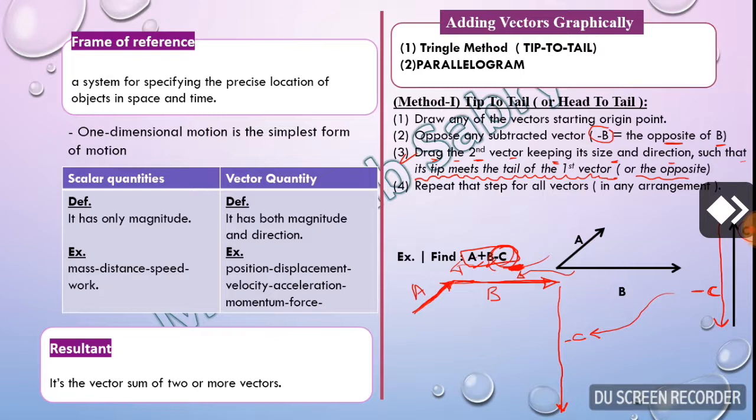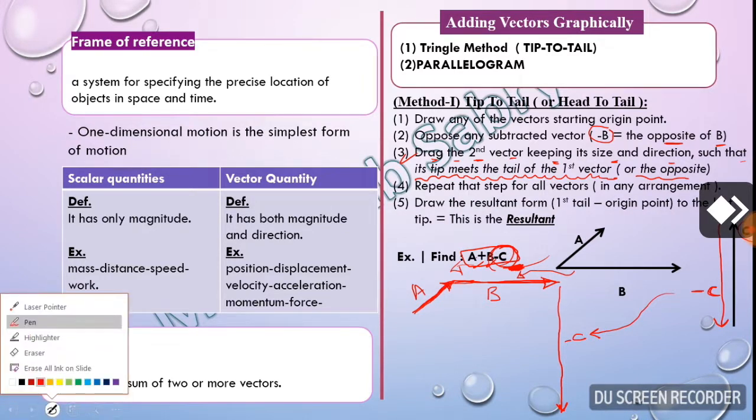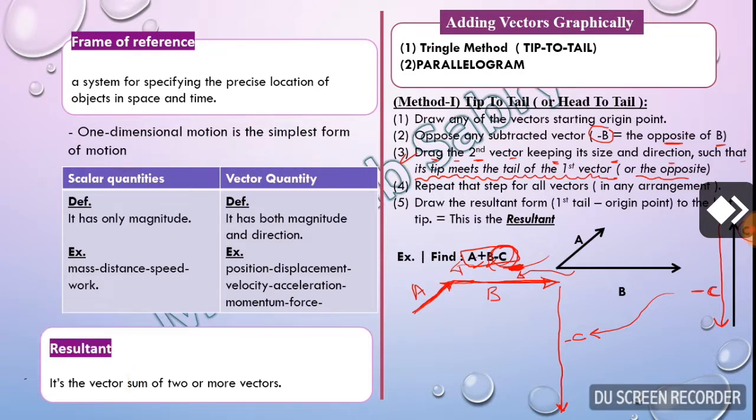How can we find the resultant? Be careful. Resultant, draw the resultant from where, mister? From the first tail. This is the first tail. I have only the remaining tail, to the last tip. This is the last tip.